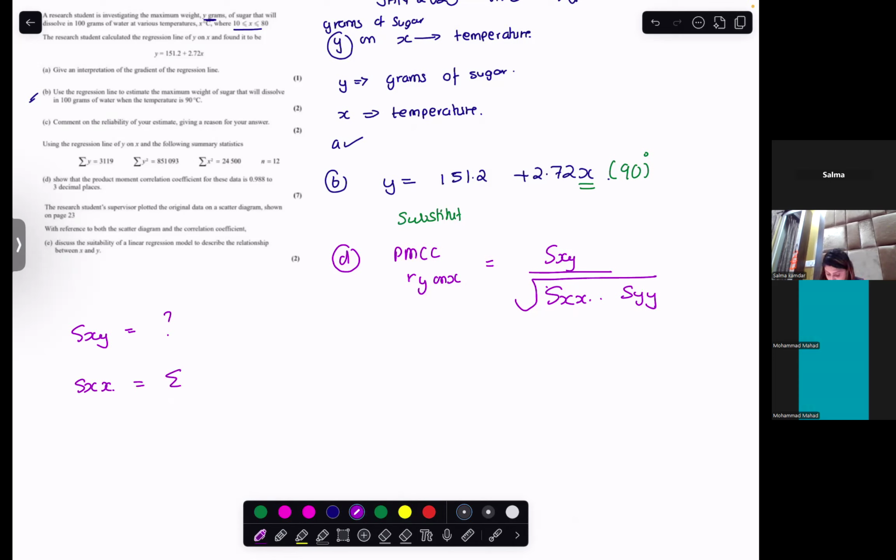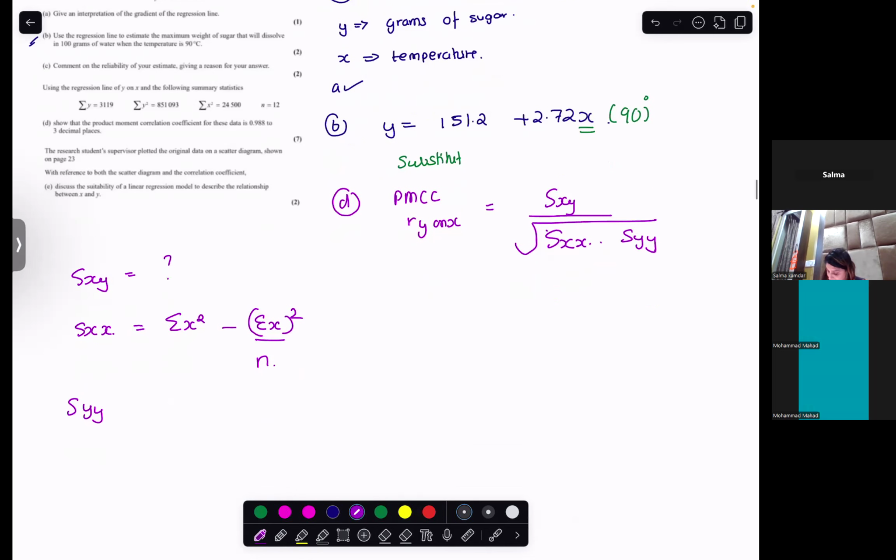Sigma x squared minus sigma x the whole squared divided by n. And what is the formula for Syy? Sigma y squared minus sigma y the whole squared divided by n.